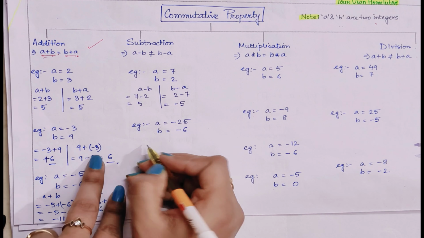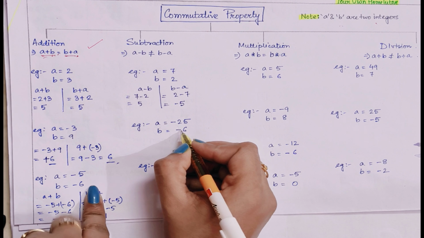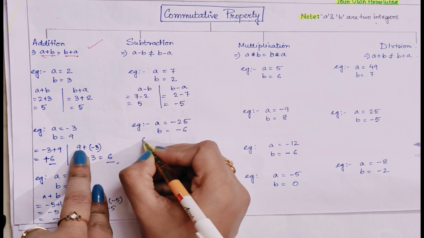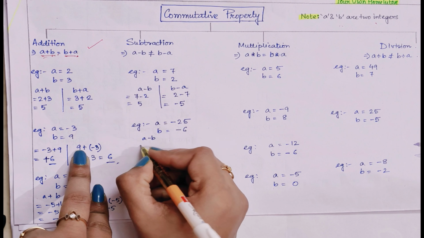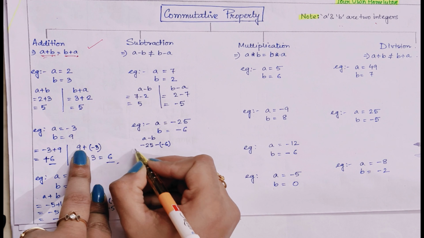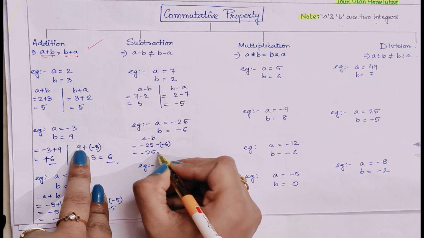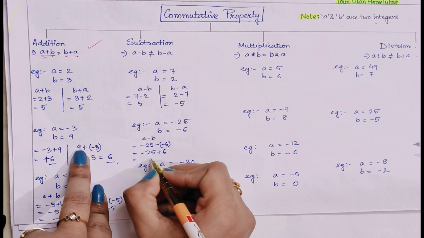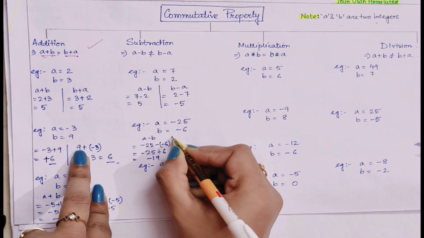Let us take another example. a minus b, where a is equal to minus 25, b is equal to minus 6. So a minus b will give me minus 25 minus of minus 6. So again I will get minus 25 plus 6. This will give me minus 19.